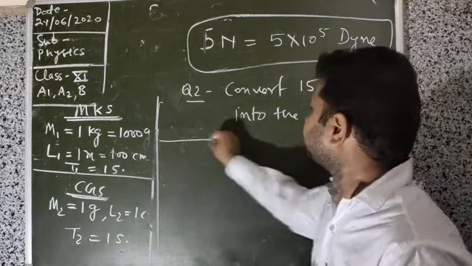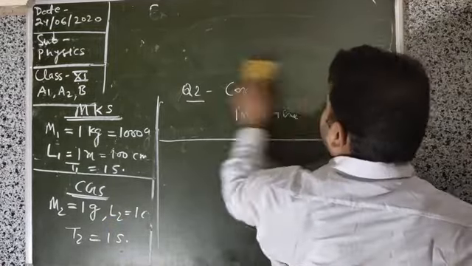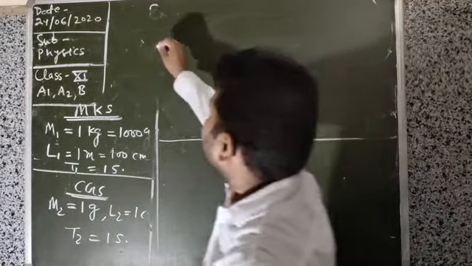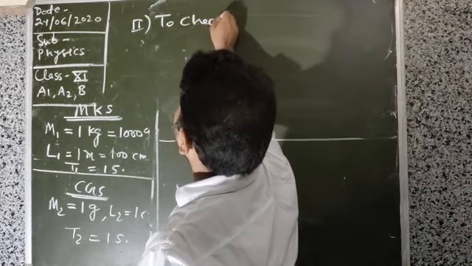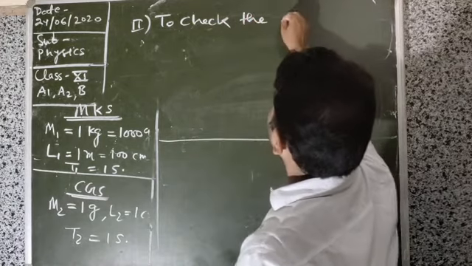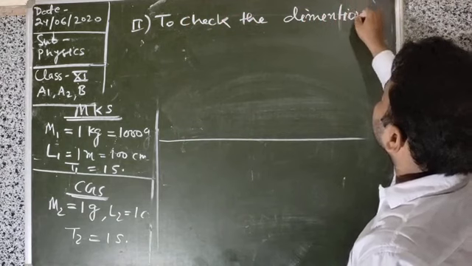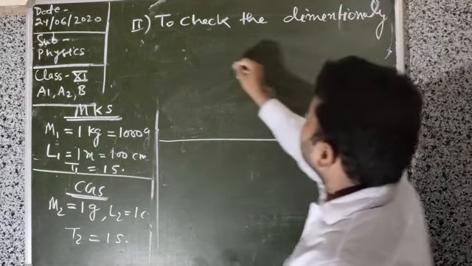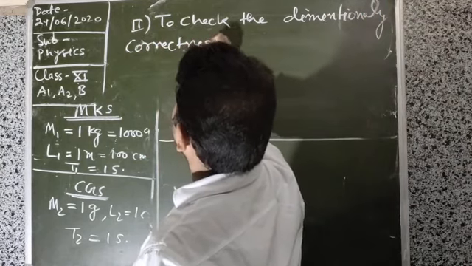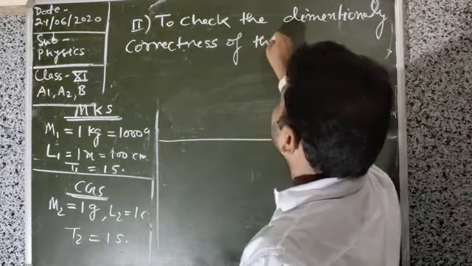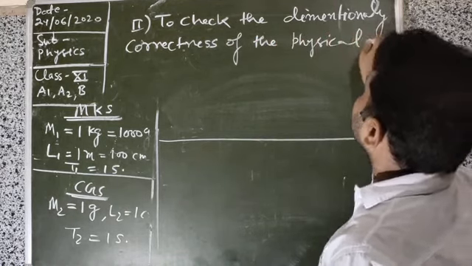For example, first note down the heading. Second application is to check the dimensional correctness of the physical relation.